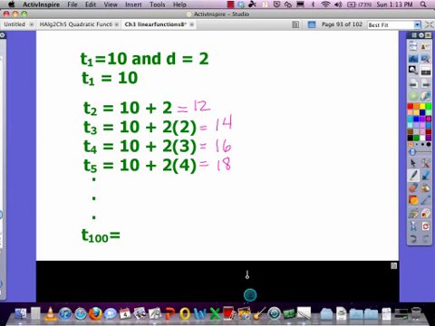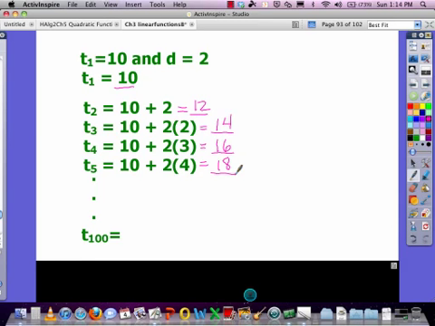You should be able to tell me right now that any time we have a sequence based on what we just did here, there's our first term, there's our second term, third term, fourth term, fifth term. Do you notice a pattern? Yeah, it's going up by 2. We know that. They told us the constant difference was 2. But what else are you noticing?